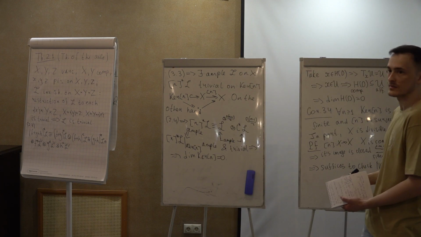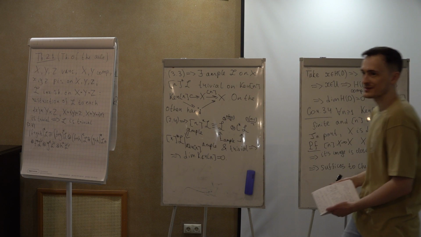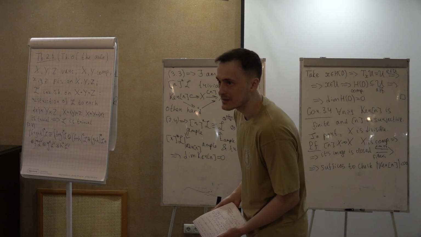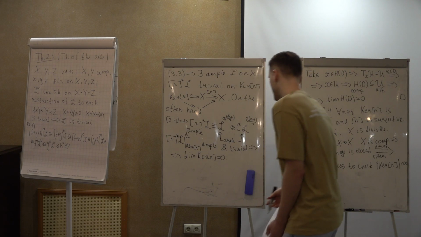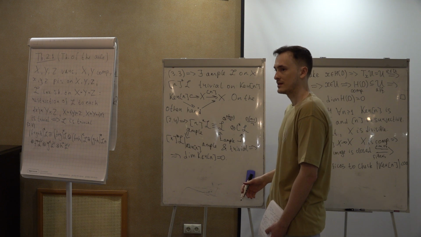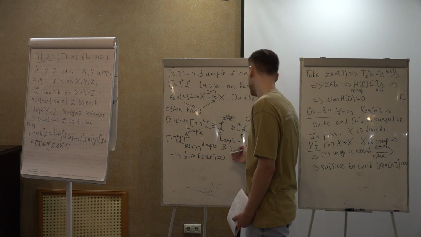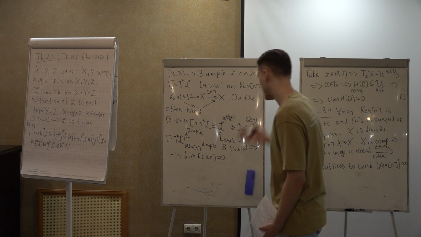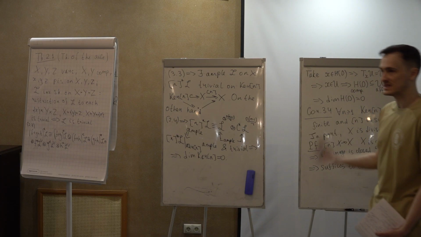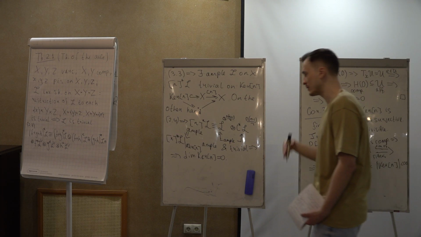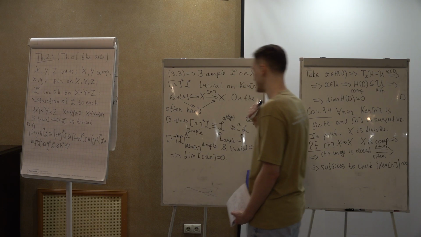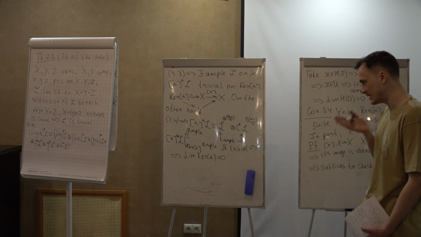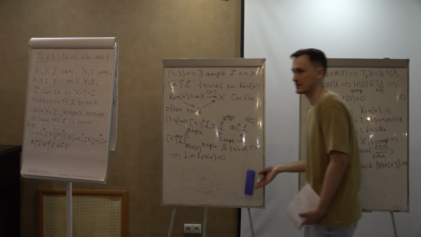So could you please explain why is it? Come again? Could you please explain? So what happens if it is not a point? Okay, what happens? We have a complete variety. We have 0 divisor, and we have defined by this 0 divisor a map into projective space.